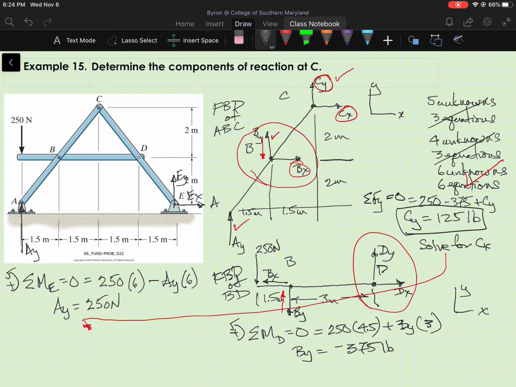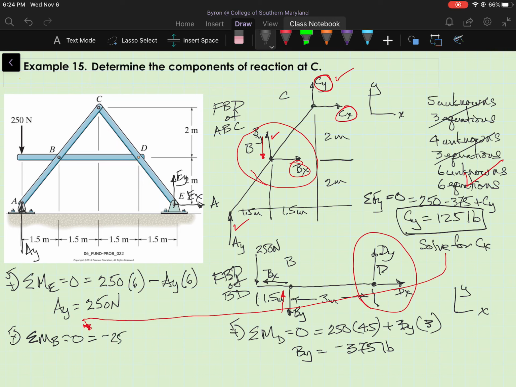So I'm going to say the sum of the moments about B equals 0. And those moments are A sub y about B, which is going to be clockwise.